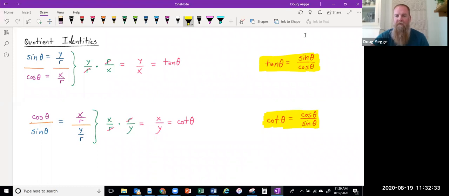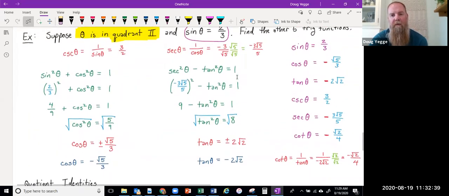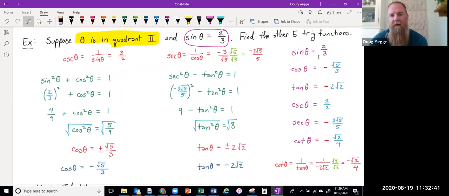Now, I would like to just revisit real quickly this last example where we ended up using an identity. Remember that we ended up having sine theta and cosine theta by the time we got to here. And then it was our job to find tangent theta.